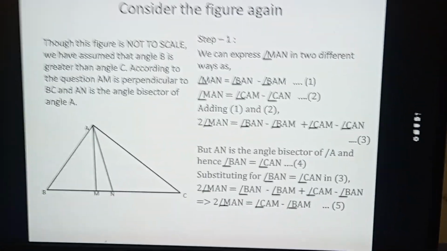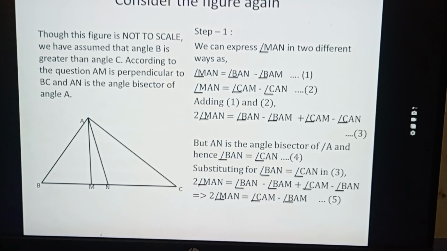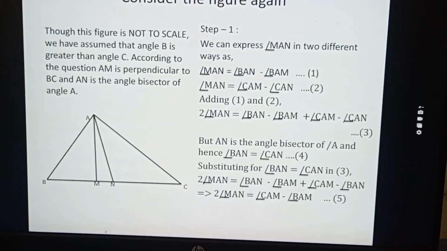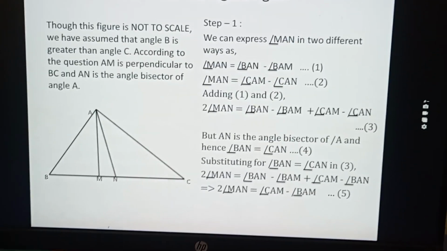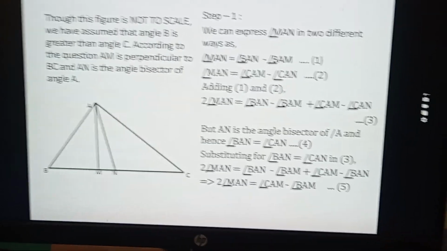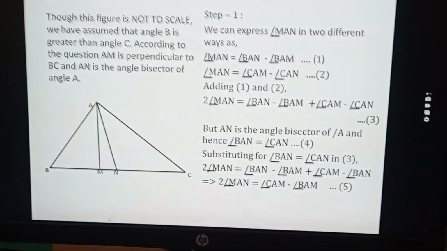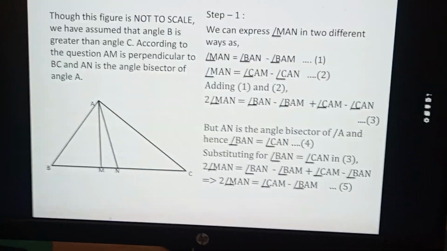We can express angle MAN in two different ways. As the first way, angle MAN is equal to angle BAN minus angle BAM. Consider the left side of the figure.